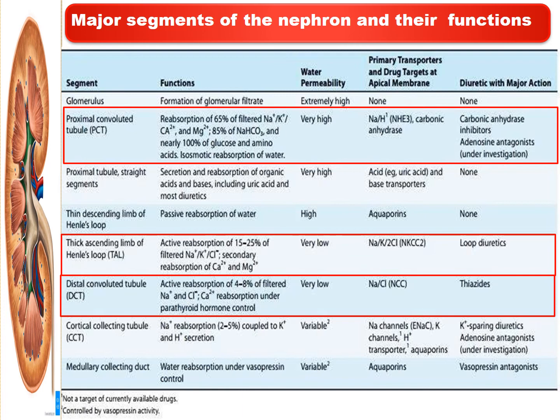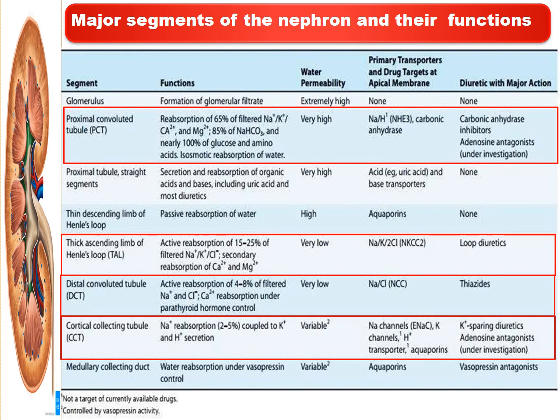The distal convoluted tubule shows very low water permeability, and the primary transporter, which is a major drug target, is the sodium chloride symporter. And the major class of diuretic which targets this site is the thiazides and the thiazide-like diuretics.